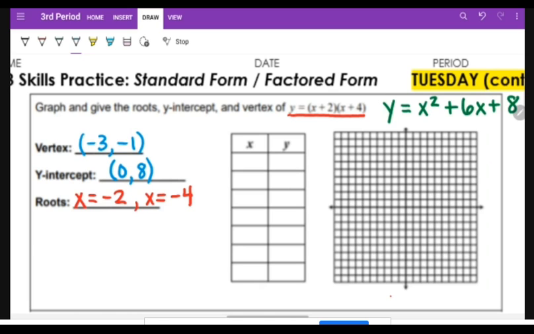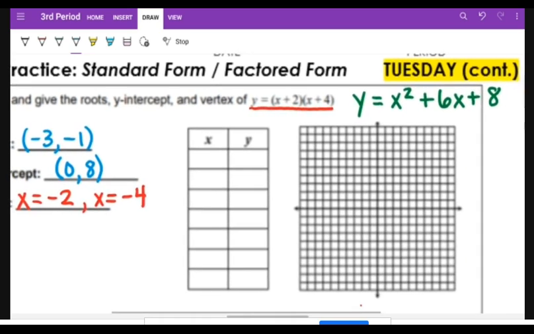Let's draw what we can. Our vertex is -3, -1. It's about right here. Our y-intercept is 0, 8. It's all the way up here. And our roots are at -2 and -4. So this is the information we have about our parabola.